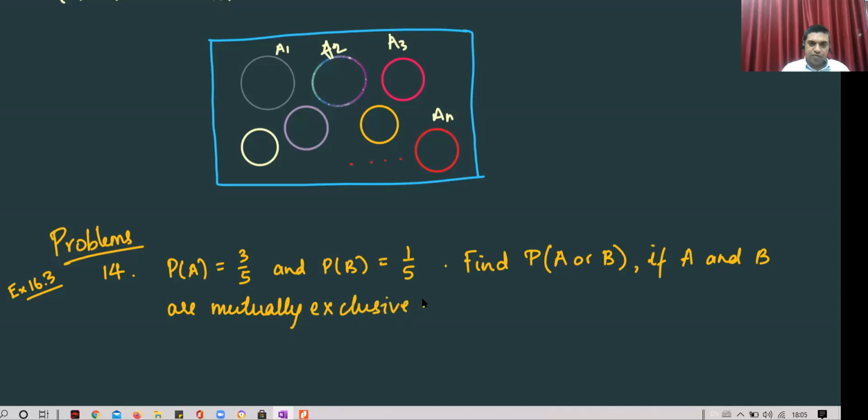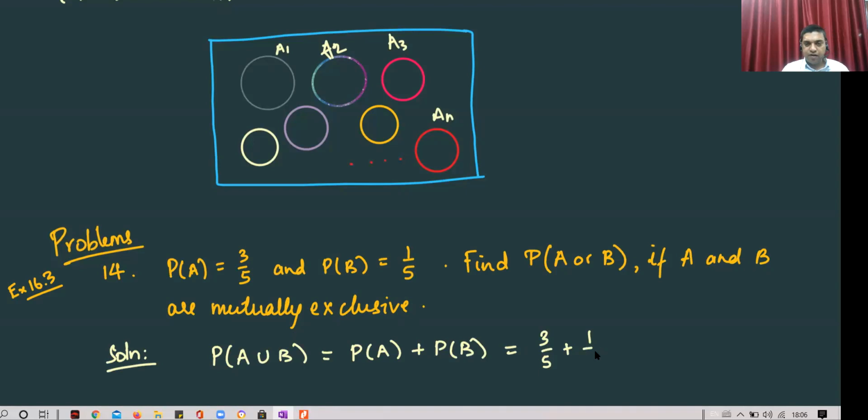This is a straightforward problem. If they are mutually exclusive, P of A union B is nothing but P of A plus P of B. So this is 3 by 5 plus 1 by 5 is equal to 4 upon 5.